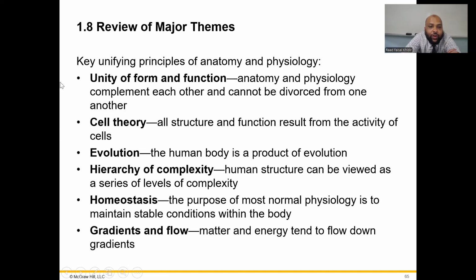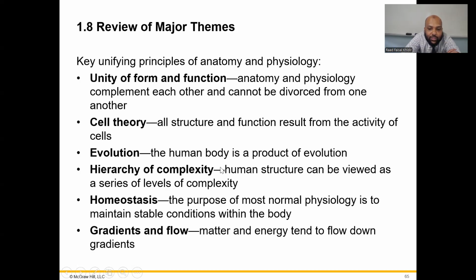So the key unifying principles of anatomy and physiology. The unity of form and function: anatomy and physiology complement each other and cannot be divorced from one another. Cell theory: all structure and function result from the activity of cells. Evolution: the human body is a product of evolution.